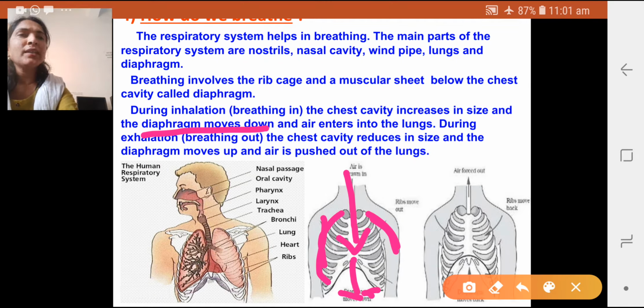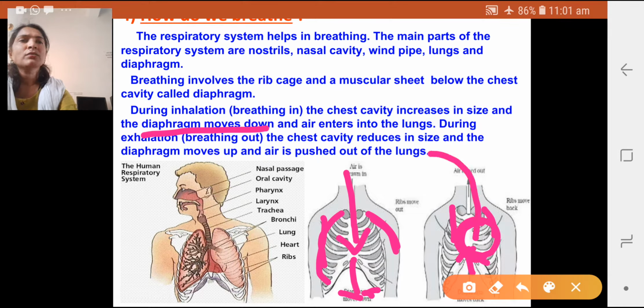But when you exhale, the chest cavity decreases and the diaphragm moves upward. When the diaphragm moves upward, the air present in the lungs is sent out. In this way exhalation also gets completed. The air gets pushed out in the exhalation process because the chest cavity decreases and the diaphragm moves up.